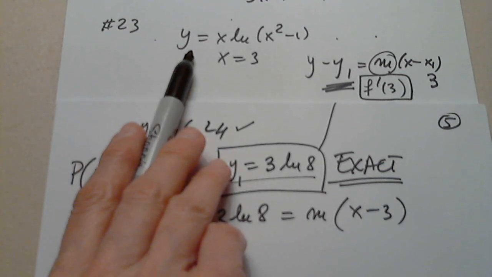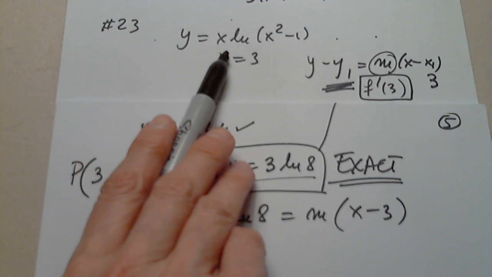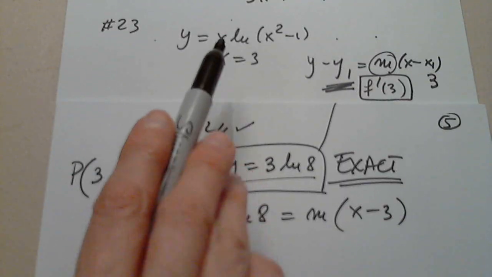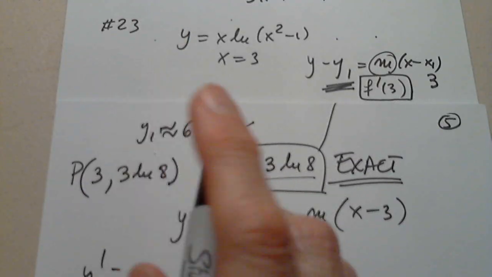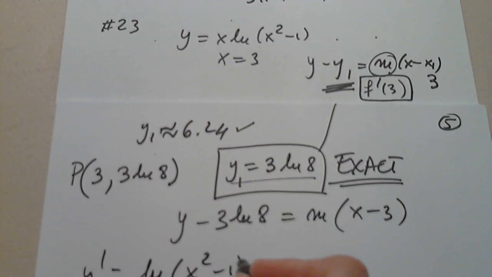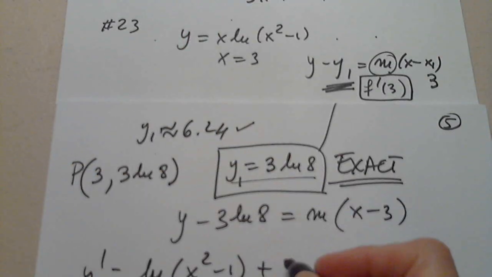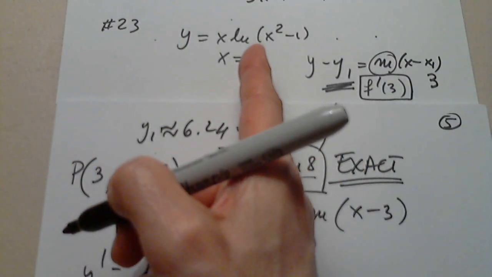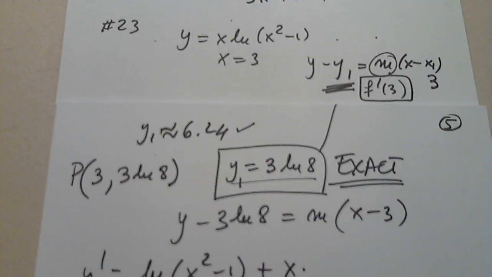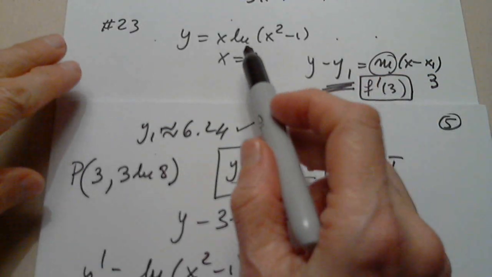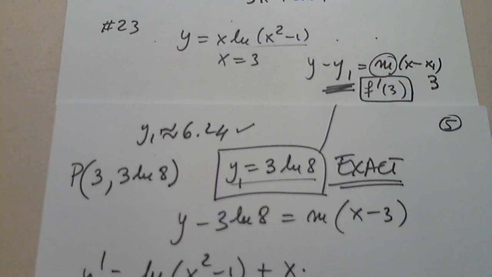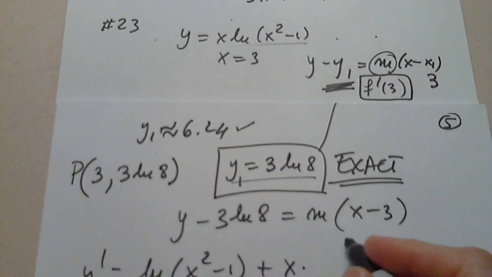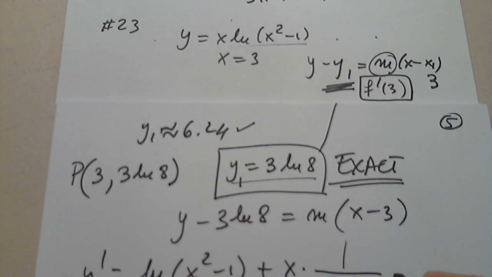Good. So I have to differentiate this, and it's a product. I have to use the product rule. So y prime is, first function prime is 1 times the second function plus the first function times the second function prime. Can anyone try the second function prime? This prime, please. Is it 2x? 1 over the function times the inner function prime.